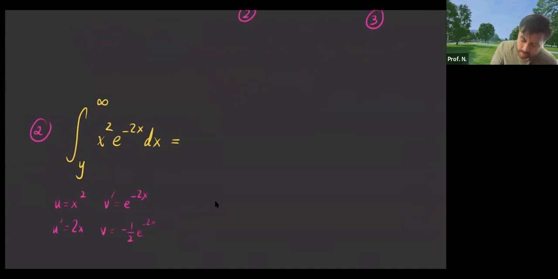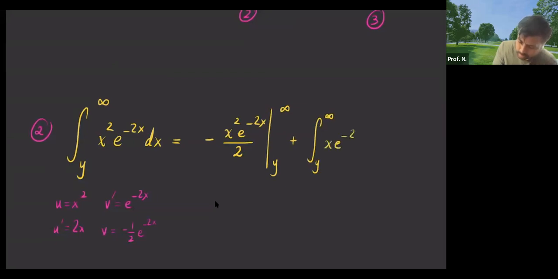Plug it in and you get negative x squared e to the negative 2x over 2 evaluated from y to infinity, plus the integral from y to infinity of x e to the negative 2x dx.